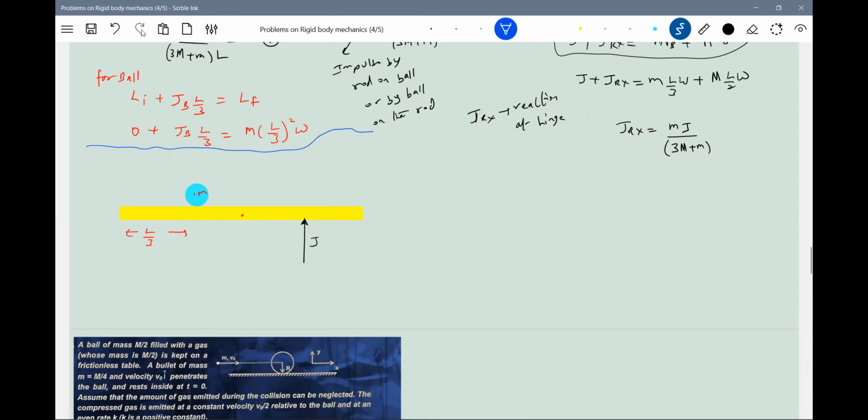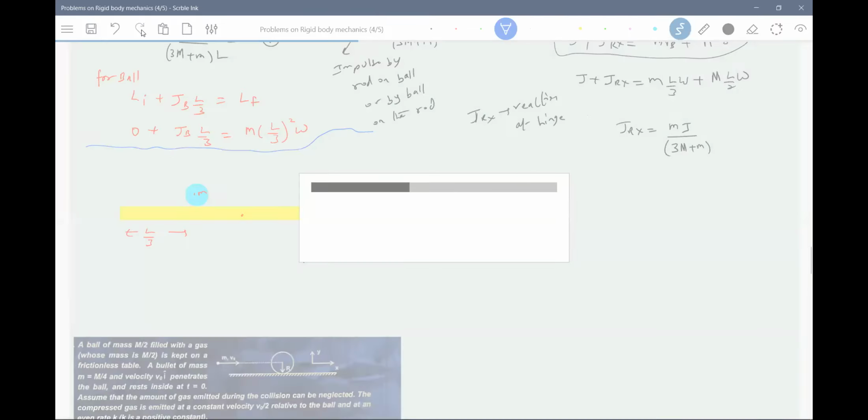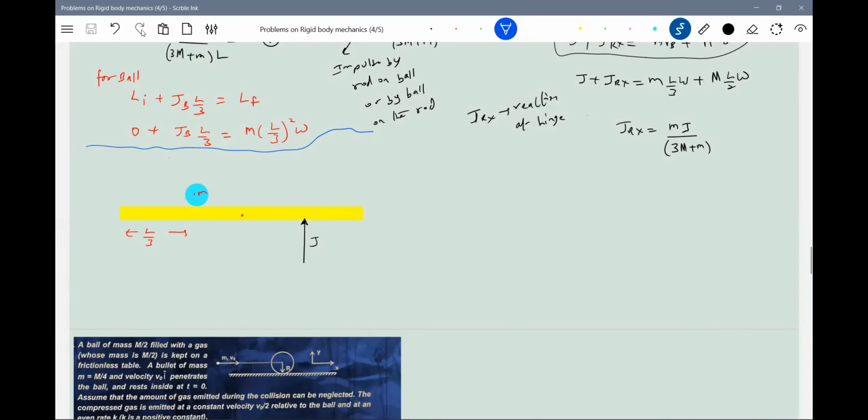Will it be in contact or not in contact? The ball is just in contact, not attached. The ball is just in contact with the rod, or just touching the rod.